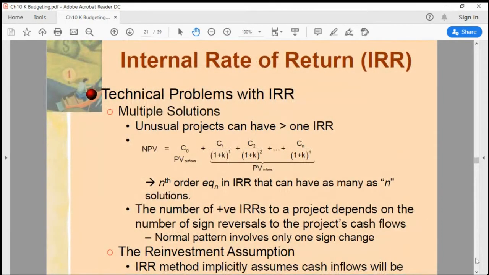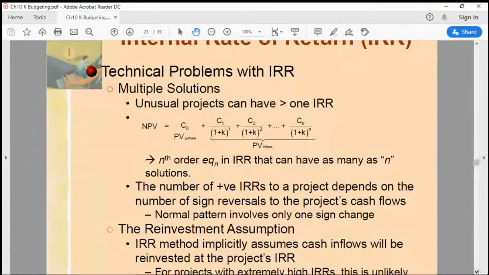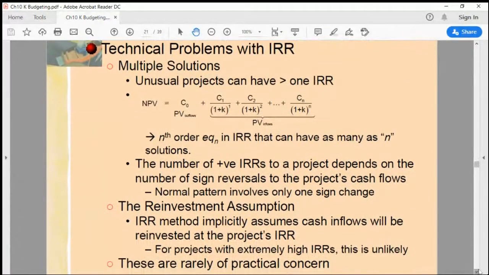Now, another example. We're not going to do other problems, but here are some problems with the internal rate of return method. Sometimes there are multiple solutions, right? Why? Unusual projects can have more than one internal rate of return. Why? Because of the nth order equation, right?